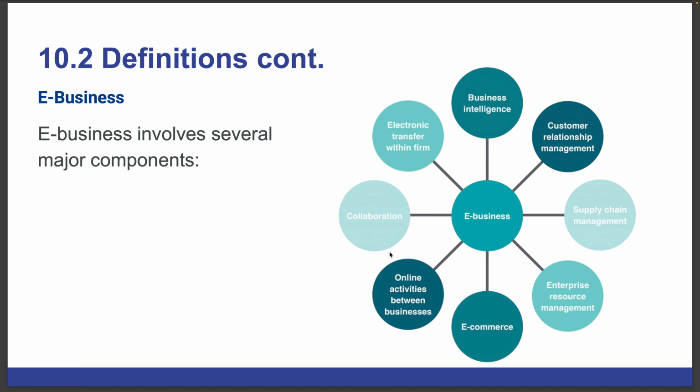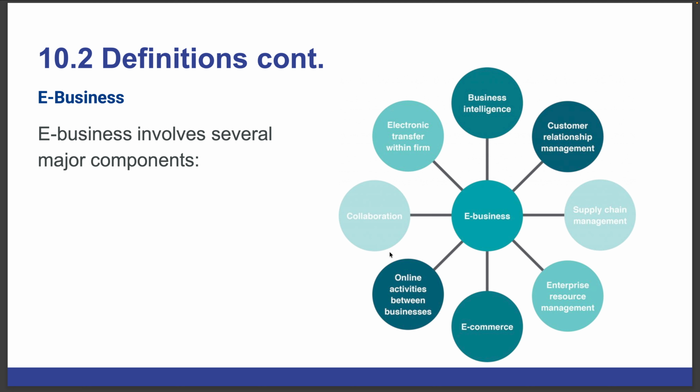Electronic transfer within the firm, whether it is of documents, version controlling, or the transfer of money and other resources, falls within this space. This is also a part of what we call business process management, which sometimes involves business process re-engineering.